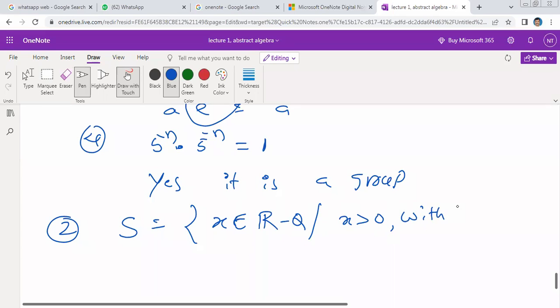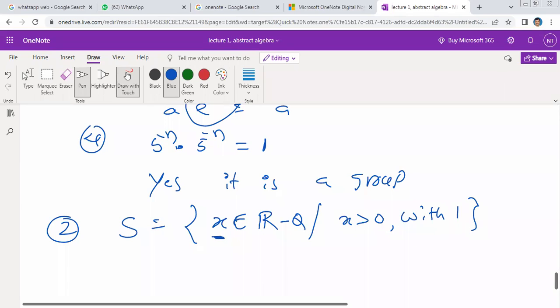Here 1 is included. My set S is the set of all x. What is x, irrational or rational? Irrational, because real numbers minus rational numbers give irrational numbers. Those numbers are greater than 0, with the identity 1 also included.